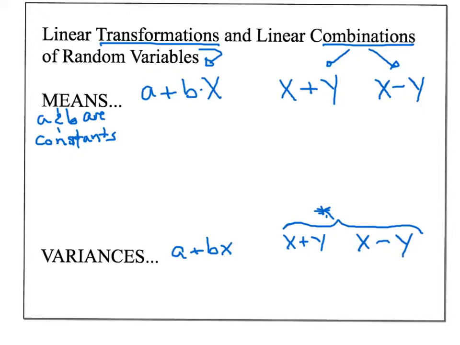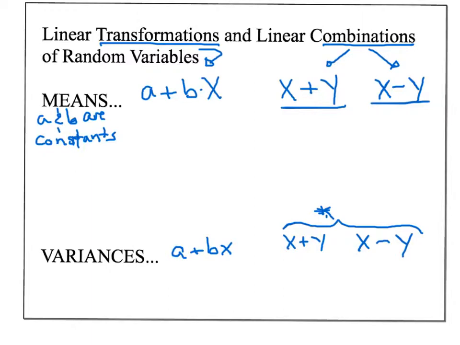Okay, so in this we're going to talk about linear transformations and linear combinations. The difference between a transformation and a combination is dealing with multiple variables. So that might be x plus y or x plus x, okay? But it is adding or subtracting two variables.